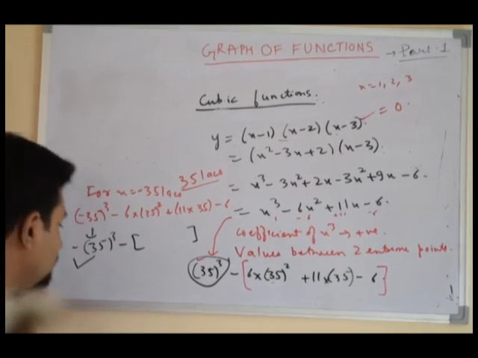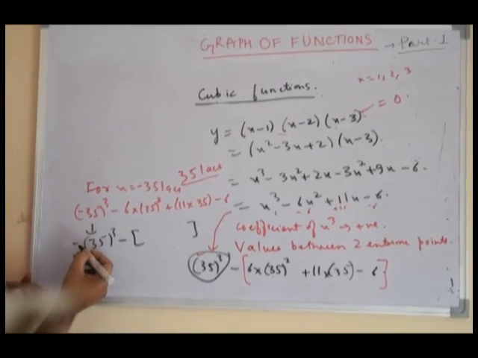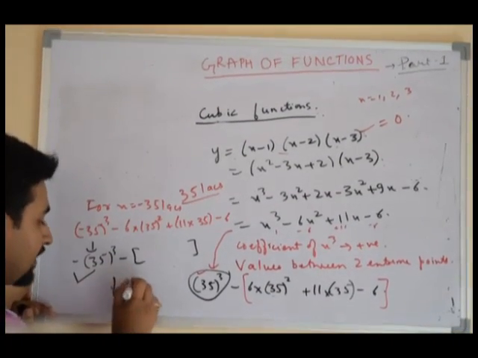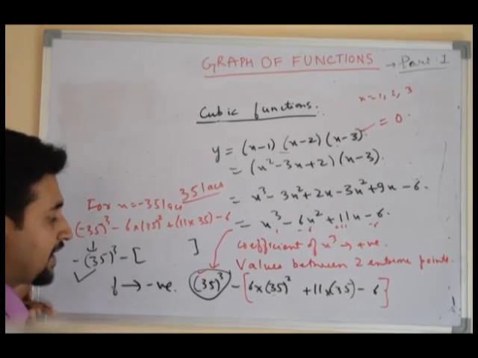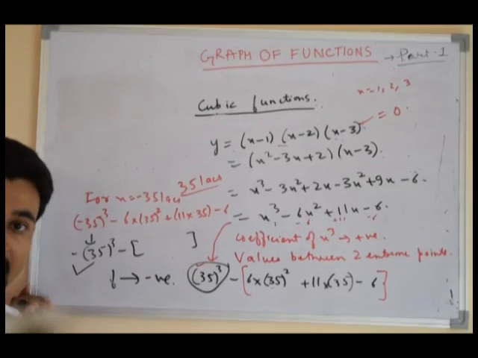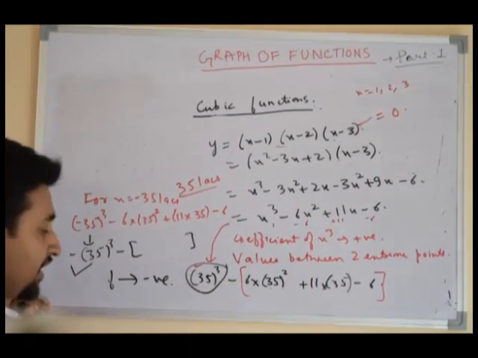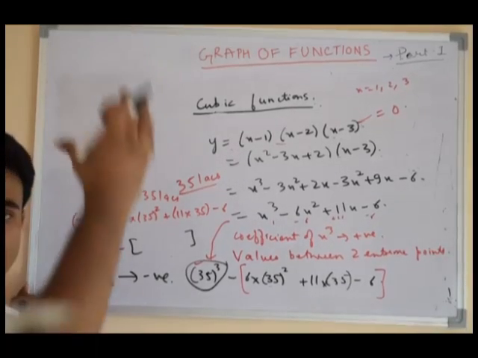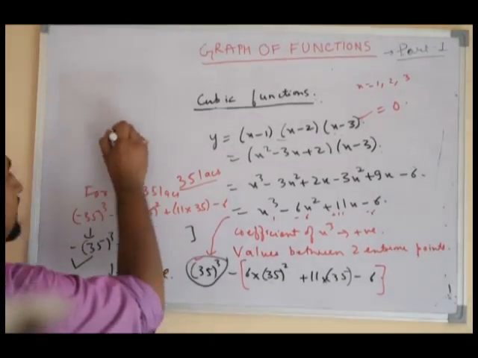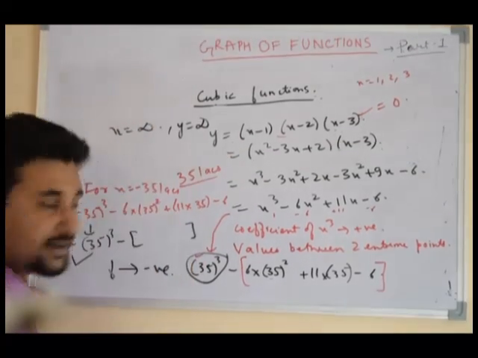So here what do you find? 35 cube is having a negative sign. So at x equal to minus 35, the function will be negative, and at x equal to plus 35, the function will be positive. So if the number were much greater than 35 lakhs, suppose it was infinity, I mean a very large number, at x equal to infinity, y will be infinity here.